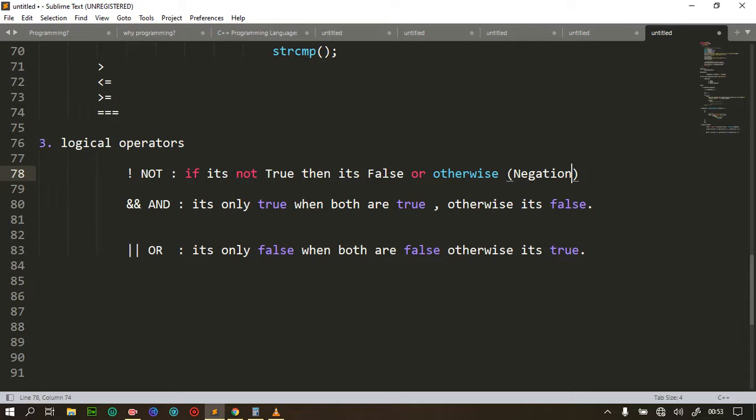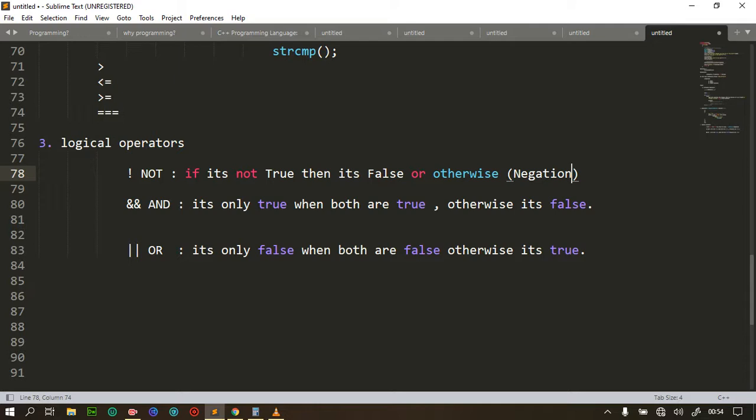So 1 times a 1 is a 1. Of course, the limit for a binary is 1, so we have a 0 and we have a 1. So a 0 times a 0 is a 0. Then a 1 times a 0 is a 0, definitely. So it's only and only true when both are true, otherwise it is false.